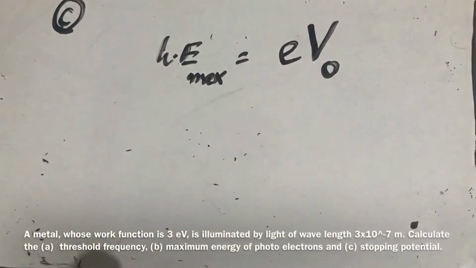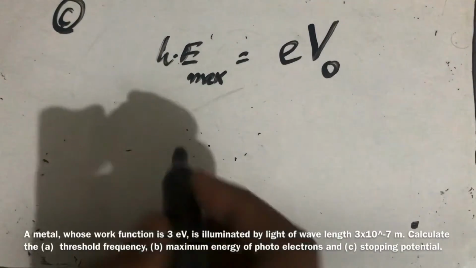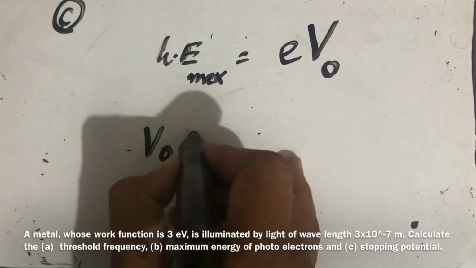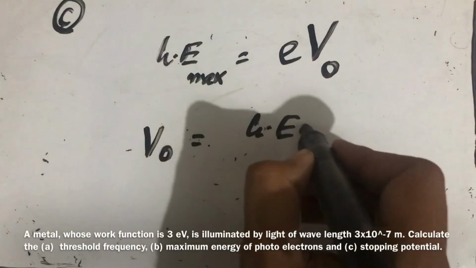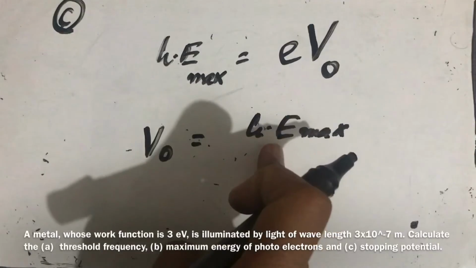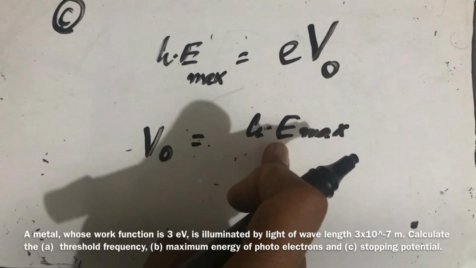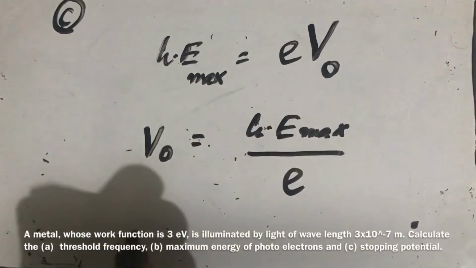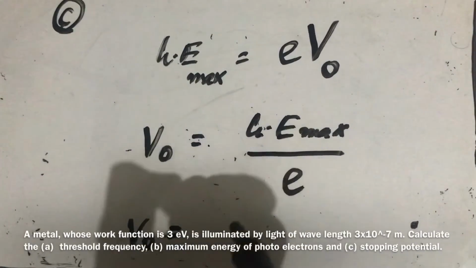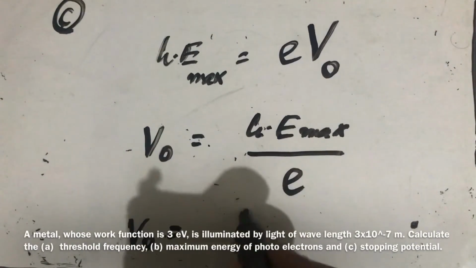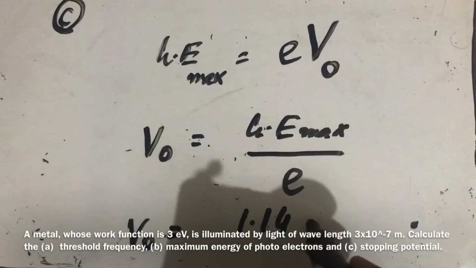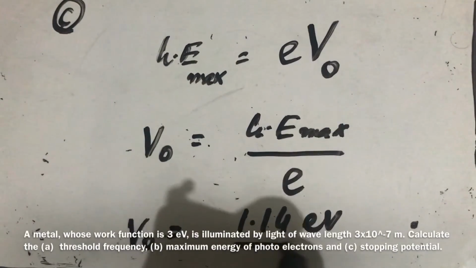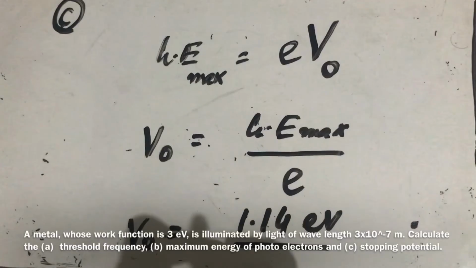So V naught shows the stopping potential. Let's find V naught, which is equal to the maximum kinetic energy, which we already know from part B, divided by the electron charge. So V naught is equal to 1.14 electron volt divided by the value of the electron charge.